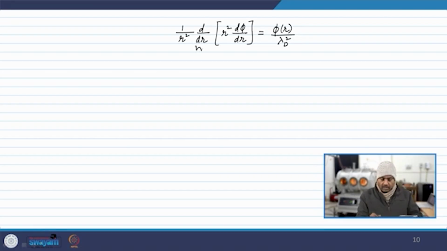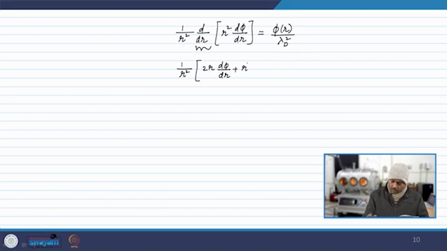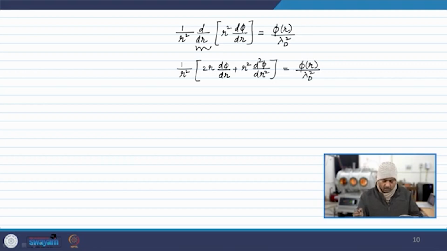I take this derivative inside and keep 1/r² outside. You have d/dr of uv. Taking the derivative inside, we have 2r dφ/dr plus r² d²φ/dr², which equals φ(r) divided by λ_D².